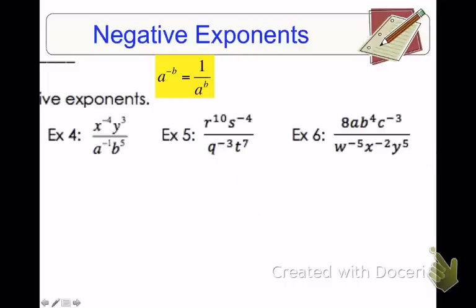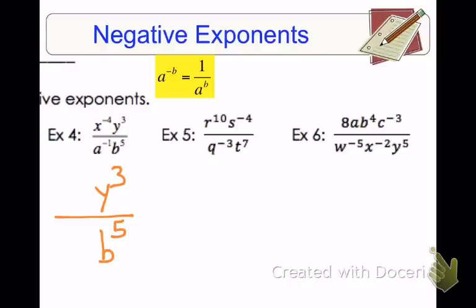Here's number 4. Notice on number 4 we have 2 negatives in our exponent, so we're going to have to switch the x to the bottom and the a to the top. So I'm going to go ahead and start doing that now. So I'm going to leave the y to the 3rd and the b to the 5th where they're at. They're already positive powers.